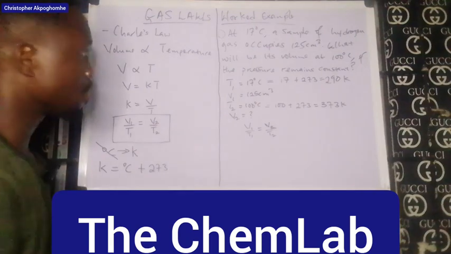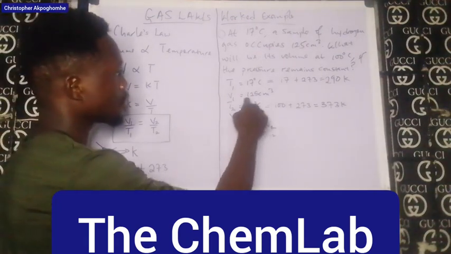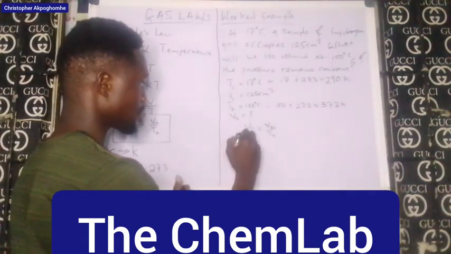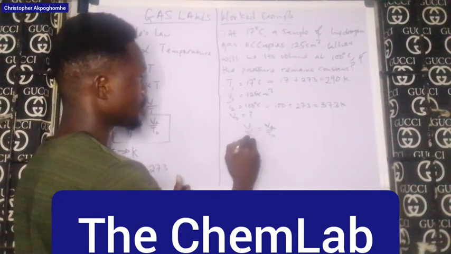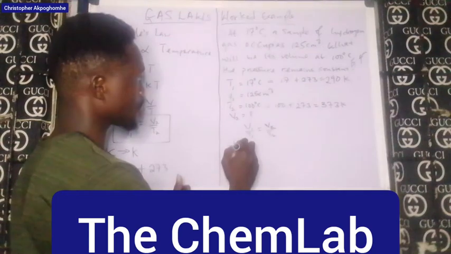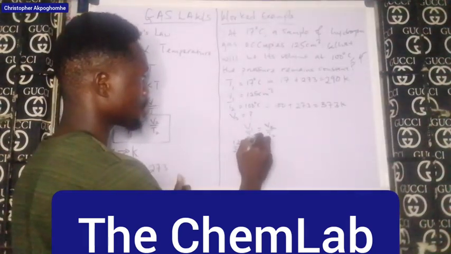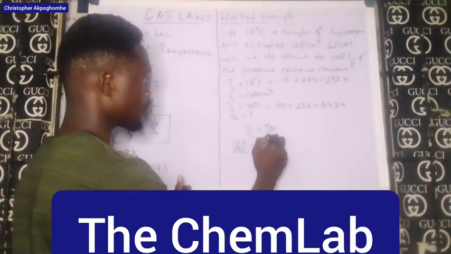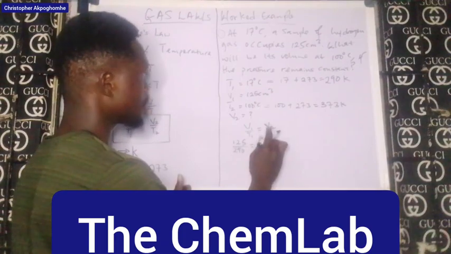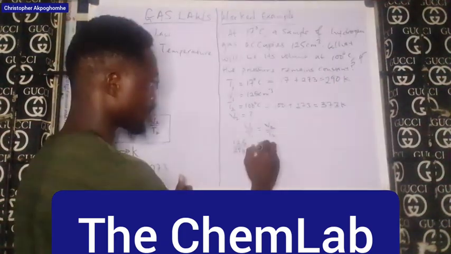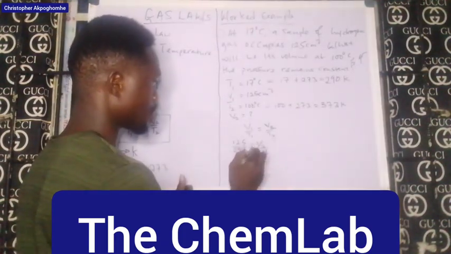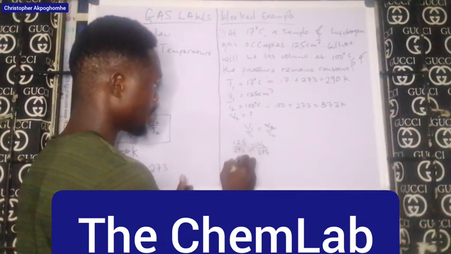But let's just include the values. V1 is 125 over T1, which is 290, equal to V2, what we're asked to look for, over T2, which is 373.